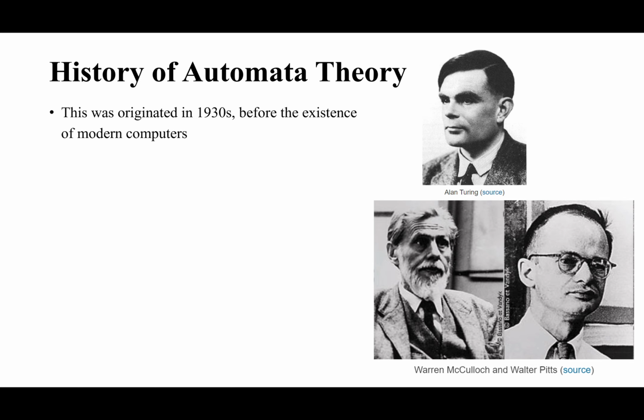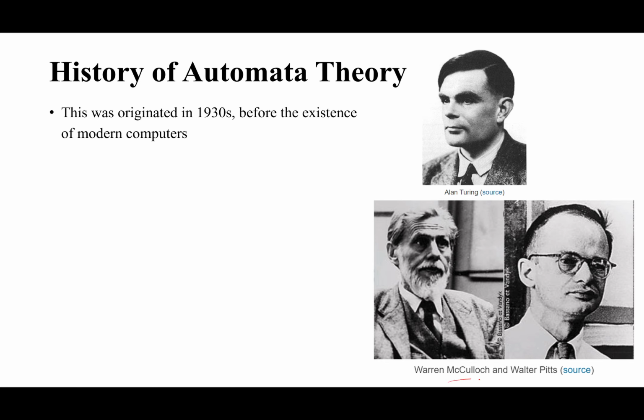It originated in 1930, before the existence of modern computers. The well-renowned computer scientist Alan Turing conceived the first infinite or unbounded model of computation, that is the Turing machine, in 1936.